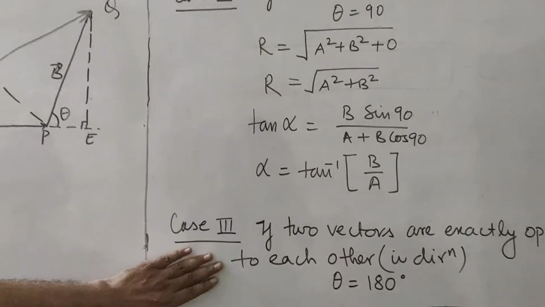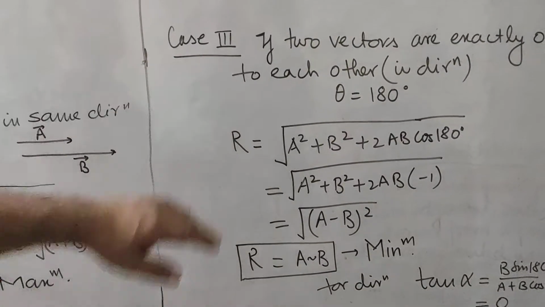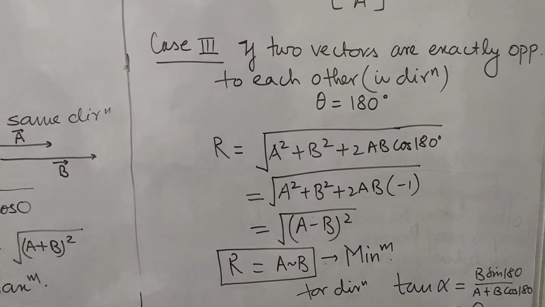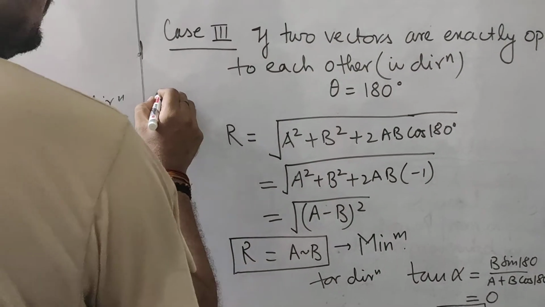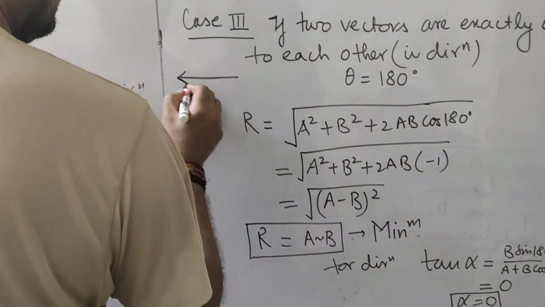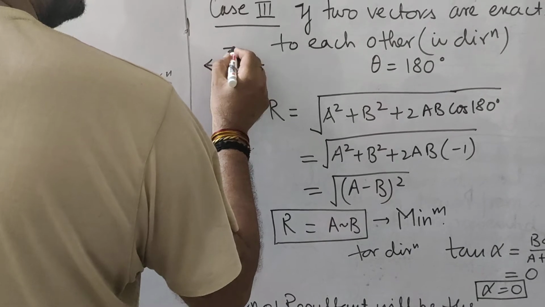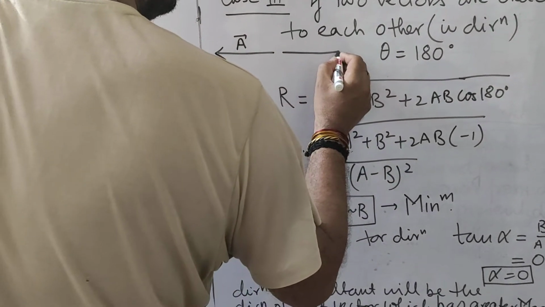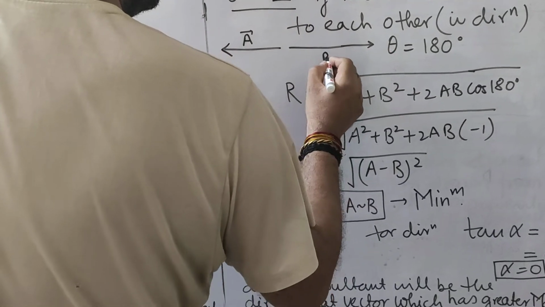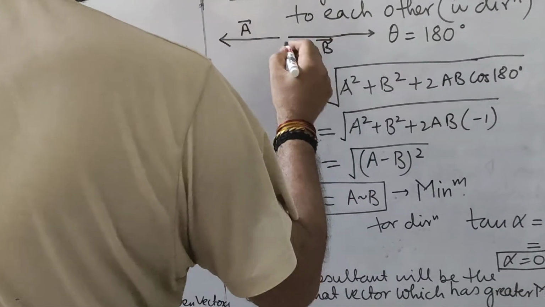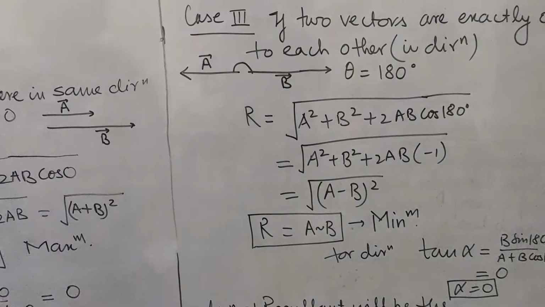Now case 3 is very, very important. If two vectors are exactly opposite in direction, say one vector is in this direction and another vector is in this direction, so the angle is 180.